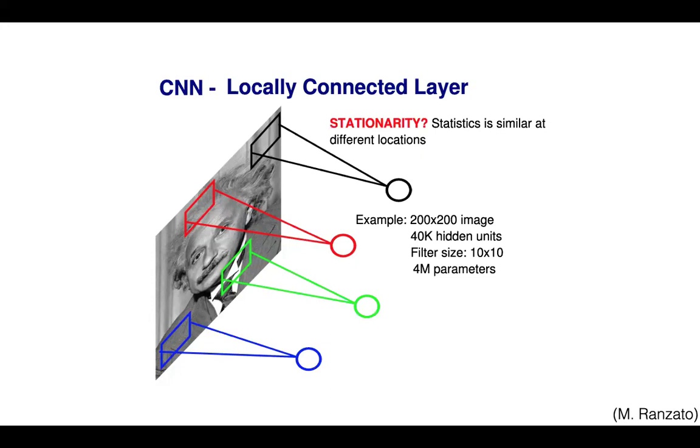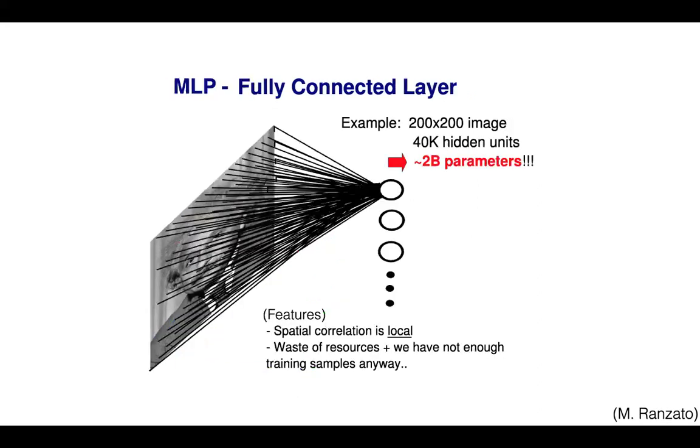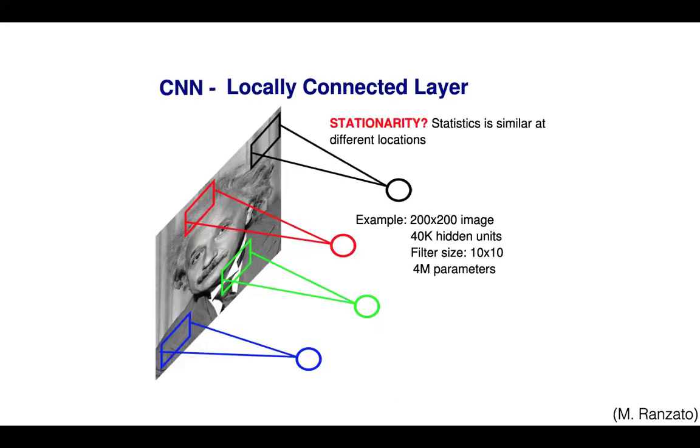If you do this locally connected layer, then we imagine that we are looking to analyze areas of like 10 by 10. And if you have a filter size of 10 by 10 and 40,000 hidden units, the same as before, but not fully connected, then we just have 4 million parameters, orders of magnitude less.